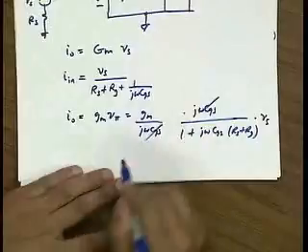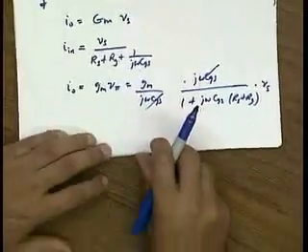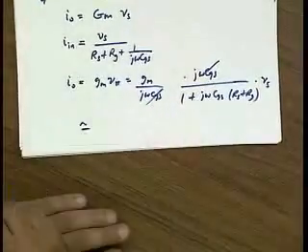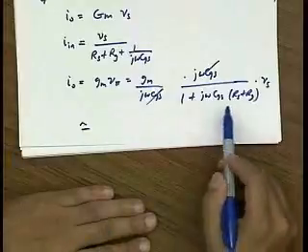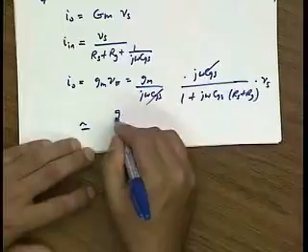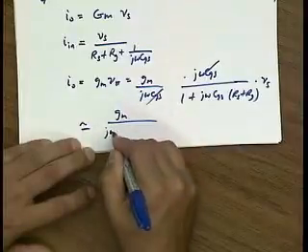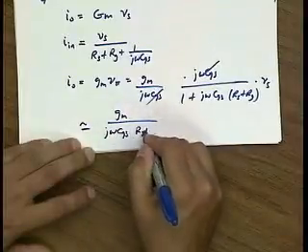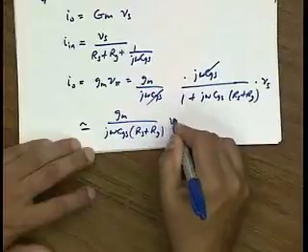So we see this term goes away. And if I assume that I'm at frequencies which are sufficiently high, then this term will dominate over this term 1. And so I'll get GM over j omega CGS (Rs plus Rg) Vs.